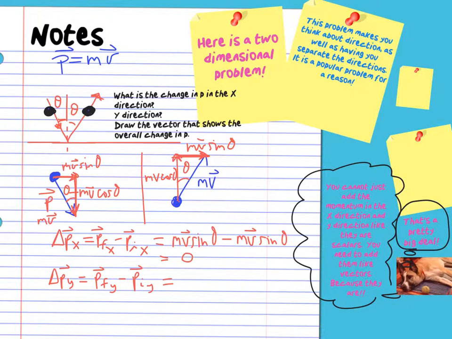So final would be mv cosine theta minus negative mv cosine theta.